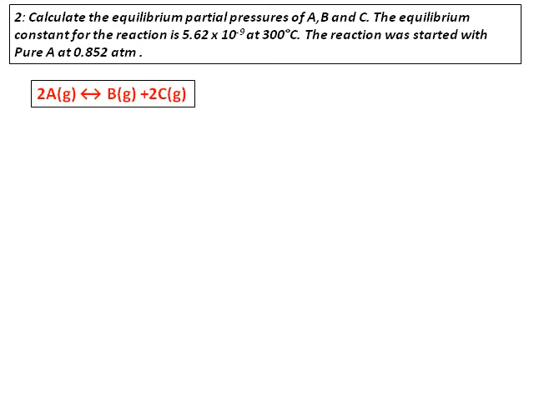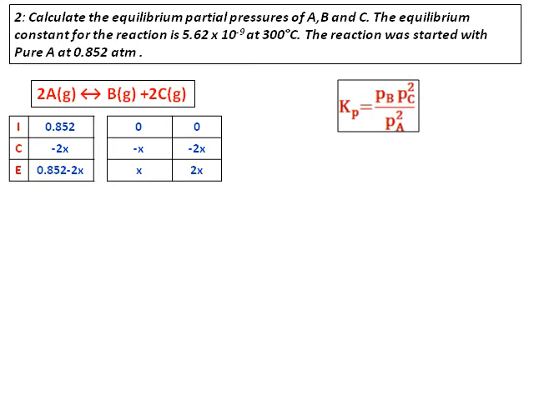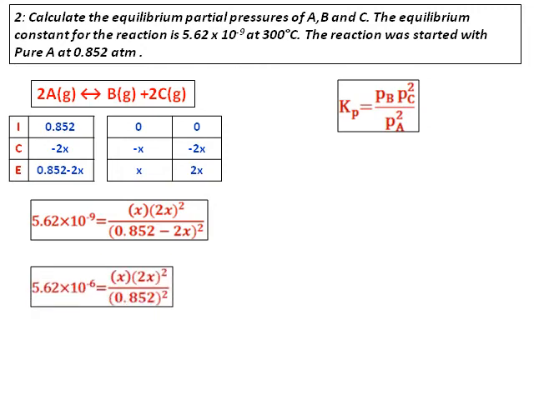Again this is a small k problem, and since all pressures are given, the expression for Kp is written there. Then using the ICE technique, calculate all the equilibrium partial pressures and substitute them into the Kp equation, and do the small k approximation that X is very small.